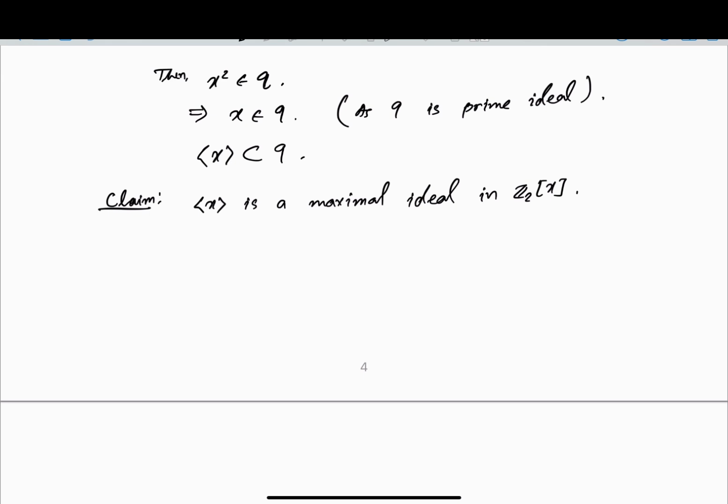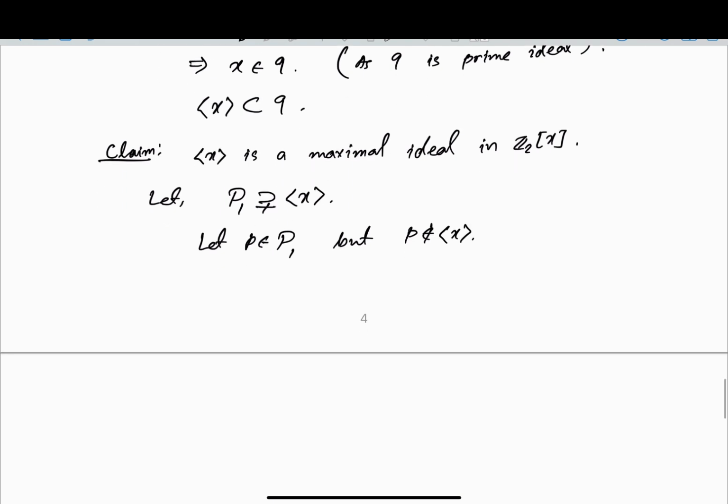So again, as earlier, let P1 be an ideal which strictly contains this ideal of x, and take a general element p belonging to P1 but not in the ideal of x.